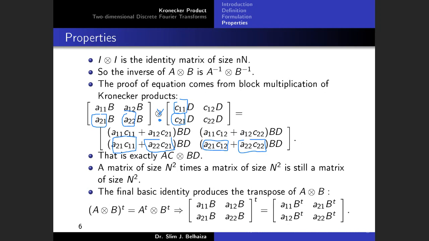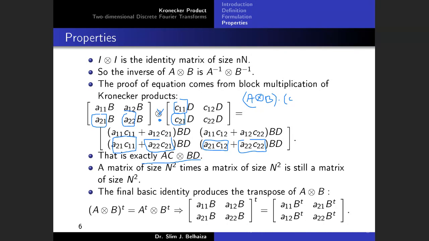So as you can see, we've just checked that property. One can say that when you use the Kronecker product, (A⊗B)(C⊗D) equals AC⊗BD. This allows us to manipulate very large matrices easily.